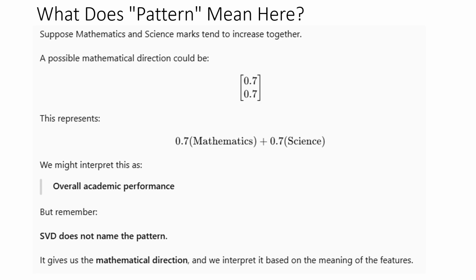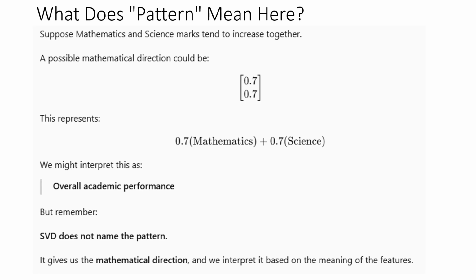Before we continue, let us understand what we mean when we use the word pattern. We can mathematically represent a direction that combines these two features. For example, the possible mathematical direction could be a vector with values 0.7 and 0.7.